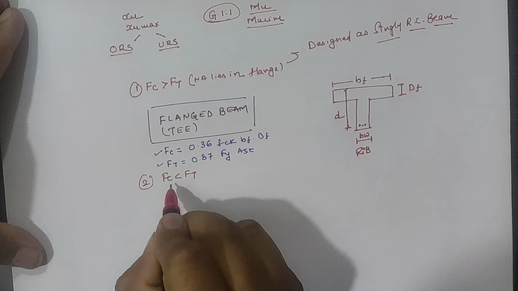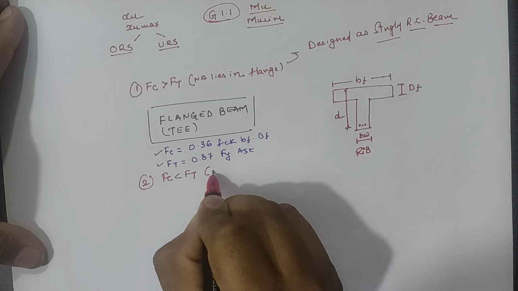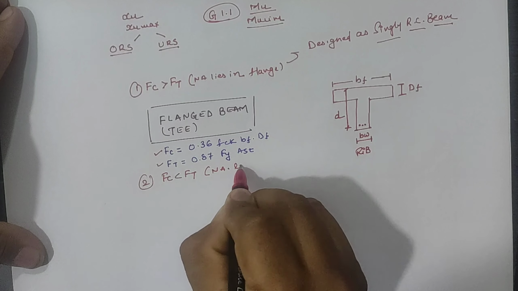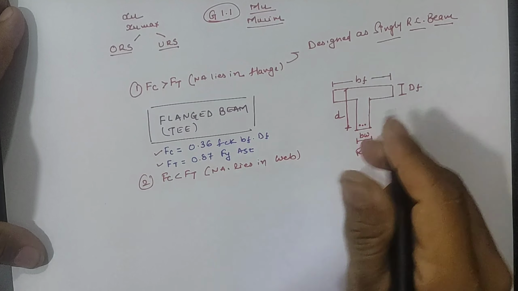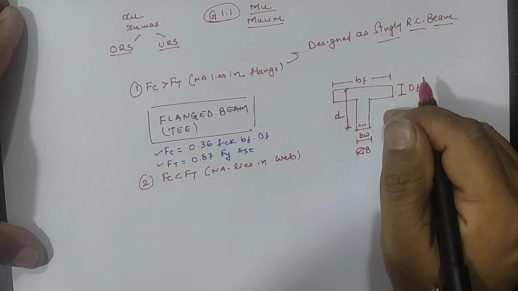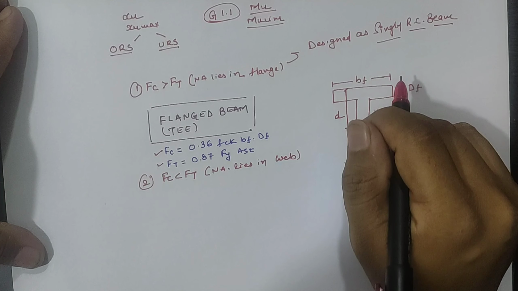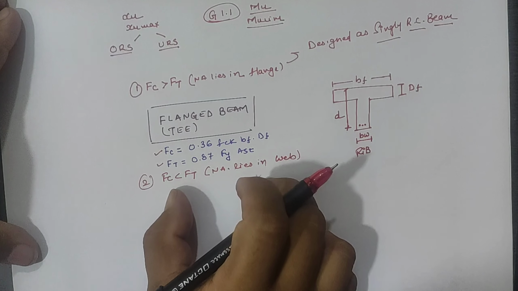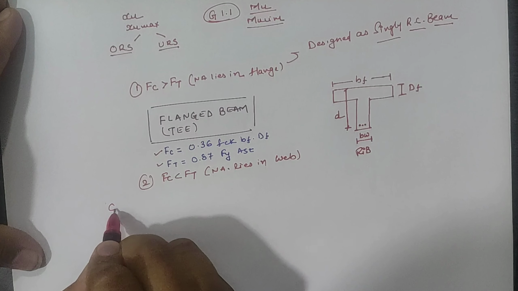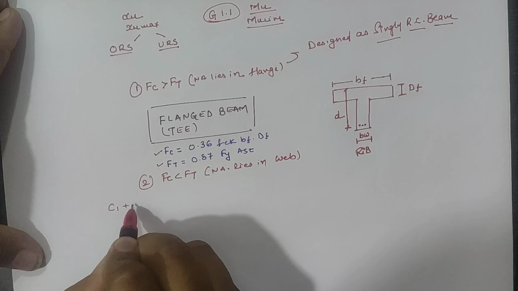But if Fc is less than Ft, it means that our neutral axis lies in the web part, meaning the bottom of the web. In this case, we use the equation C1 plus C2 equals T to find the neutral axis depth, which is XU.